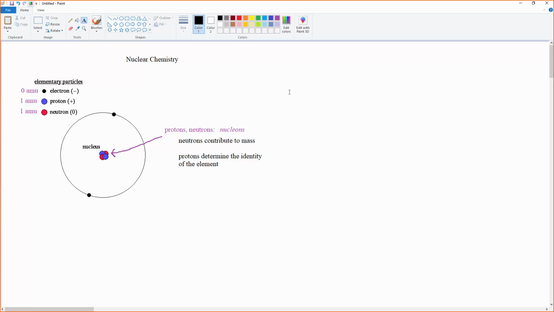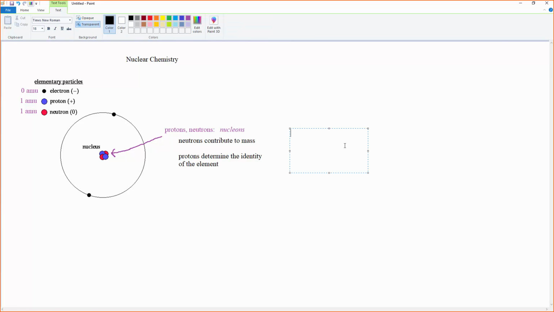And what we find is that some isotopes, you guys remember, I'm using all these words that we just haven't used this entire semester. Okay, isotopes are atoms of the same element with a different mass, which means a different number of neutrons. Do you guys remember this?